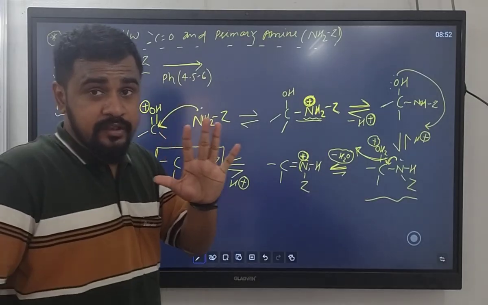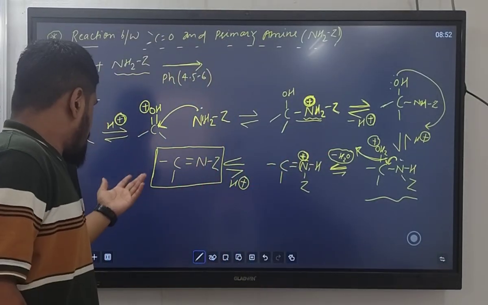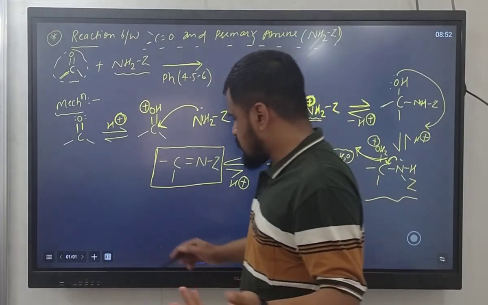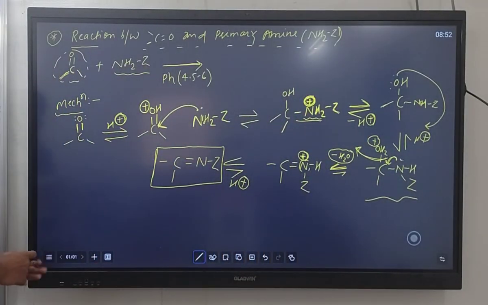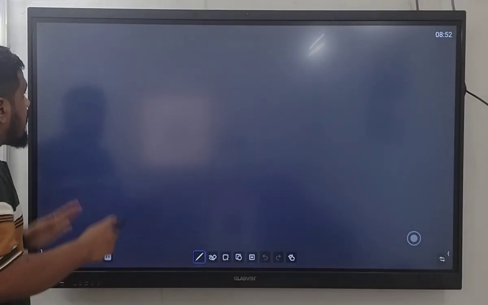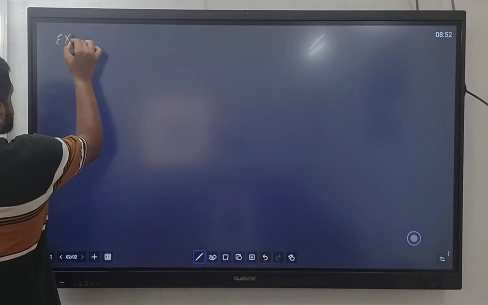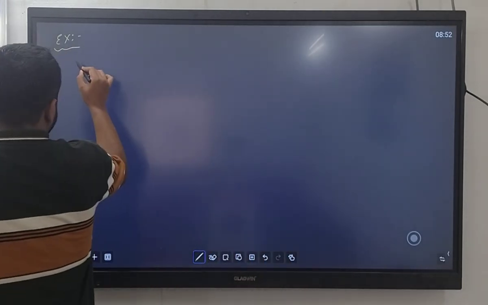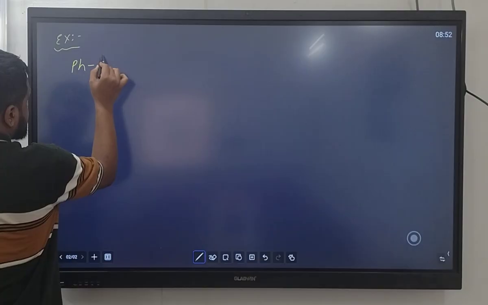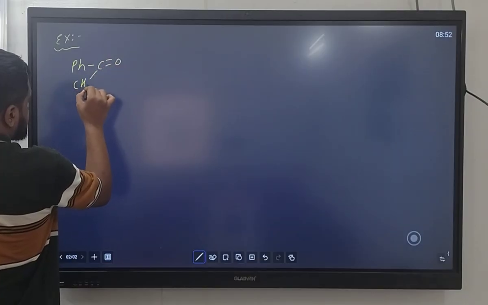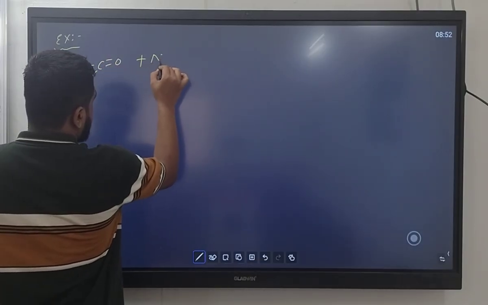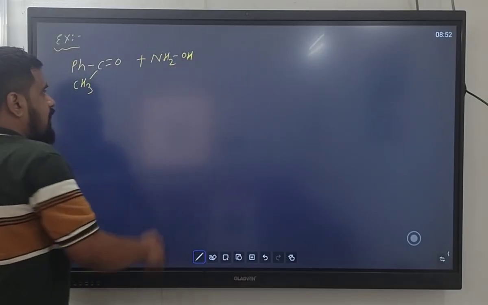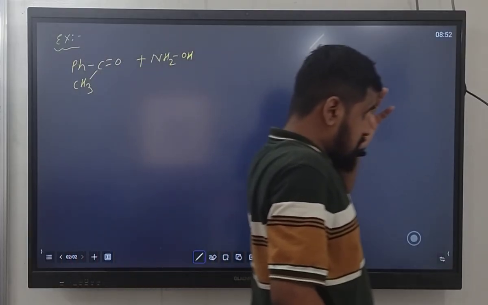Let's see some examples. I will explain in the next example, so we take the next slide. Let's suppose this example: PhC double bond O with CH3, and this is NH2OH, which means we replace Z by OH.